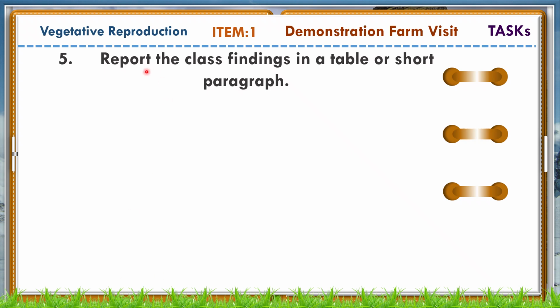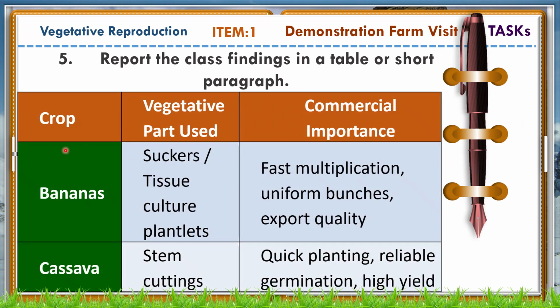We are now to report the class findings in a table or short paragraph. Crops, vegetative parts used, and commercial importance. The bananas, these ones were using suckers, tissue culture plantlets.